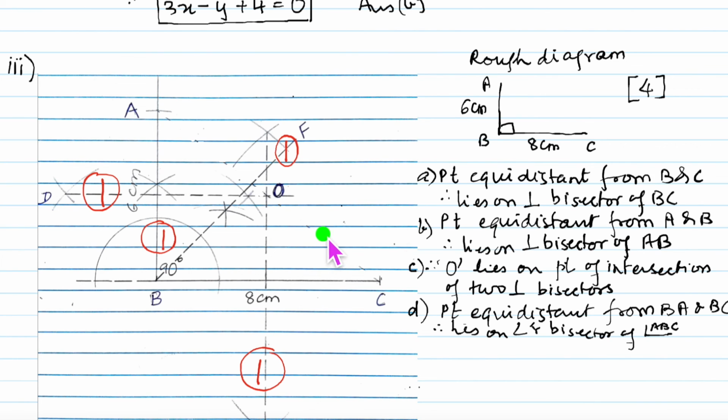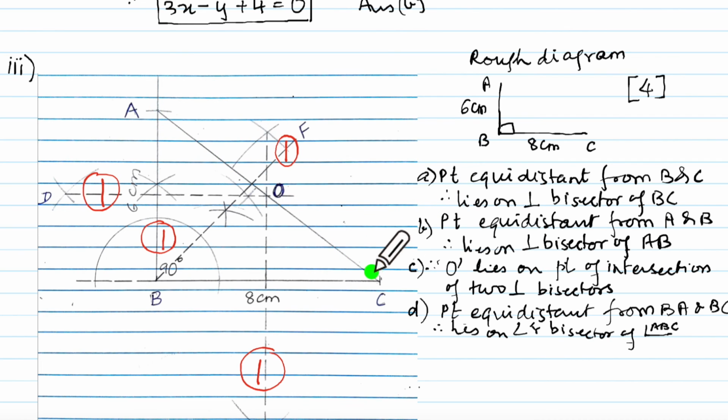Now this was a little tricky. If you choose to join this line AC, remember it's a right triangle, this point O should lie on the hypotenuse. So that is the tricky part. If you draw this hypotenuse, I will just show you how I drew the hypotenuse. Can you see that?